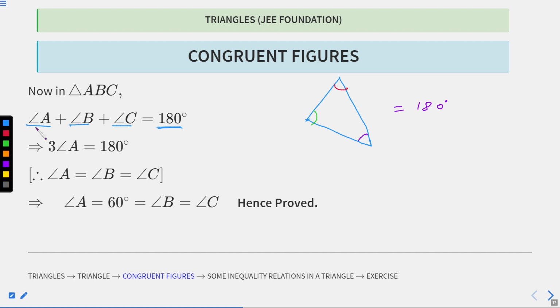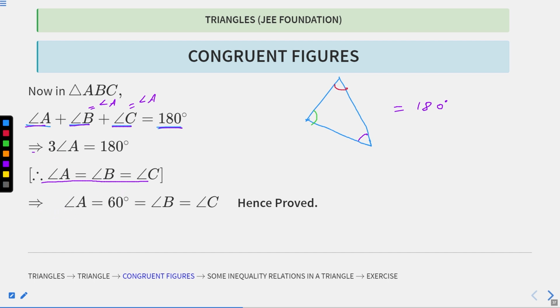And from this I can say that angle A plus angle B plus angle C is equal to 180 degrees, which implies, and I also know that angle B is equal to angle A, and angle C also equals angle A. Then I know that 3 times angle A is equal to 180 degrees, because all of the angles are equal to each other.